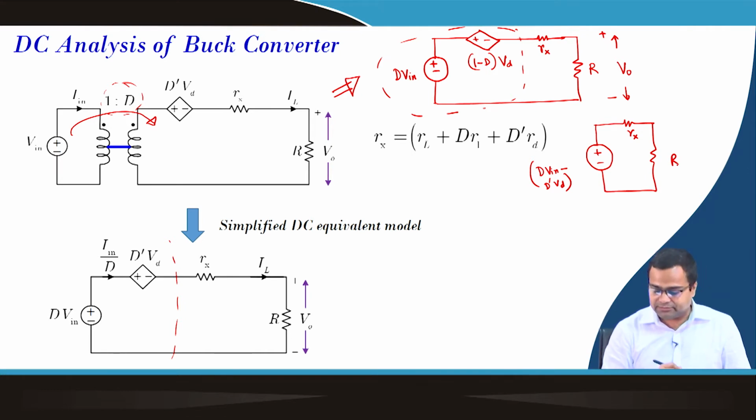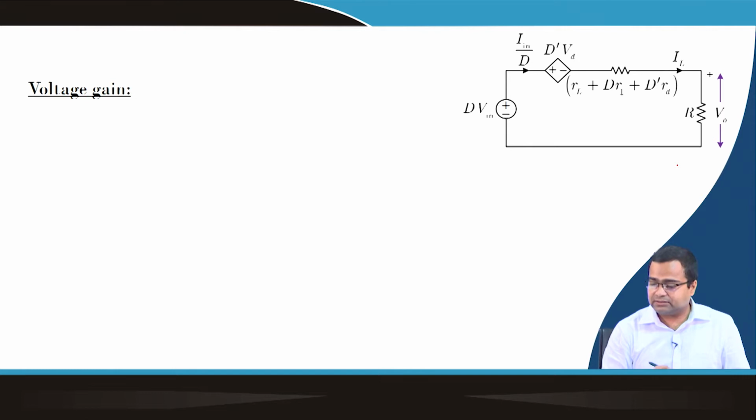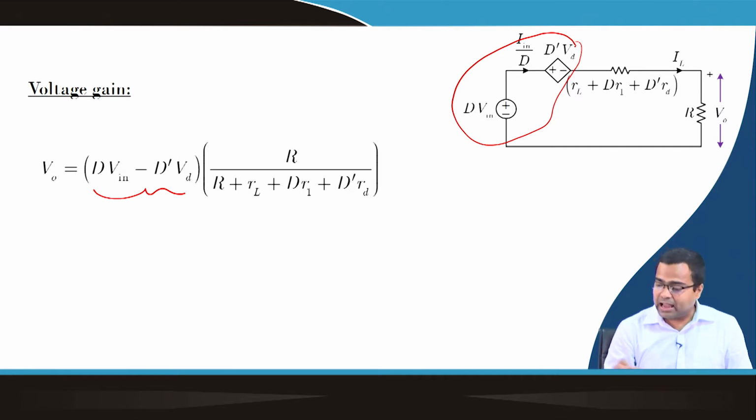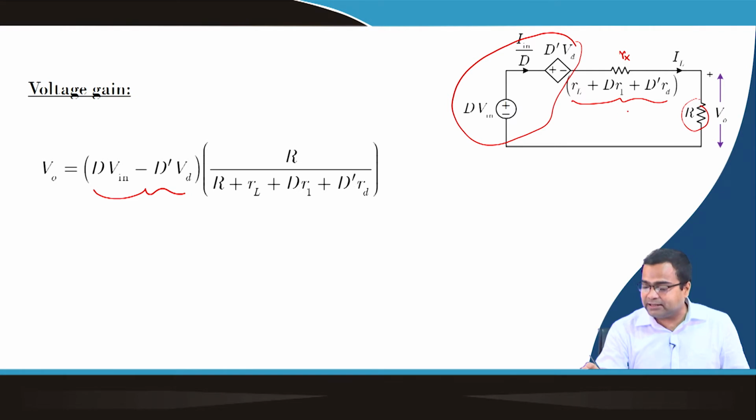Then I can obtain this voltage here. So, this is the term I told you, the subtraction of D into V in, this consists of these two terms, effective term, and then this is Rx, and the voltage here will be R divided by the total resistance R plus Rx. That means our V0 will be D into V in minus D dash into Vd, multiplied by the resistive divider R over R plus Rx.